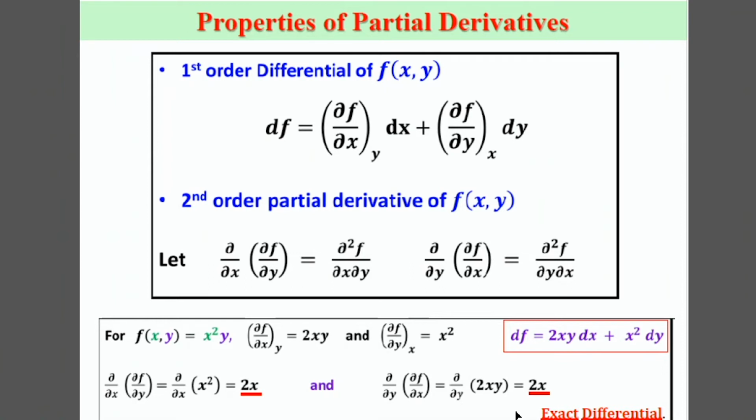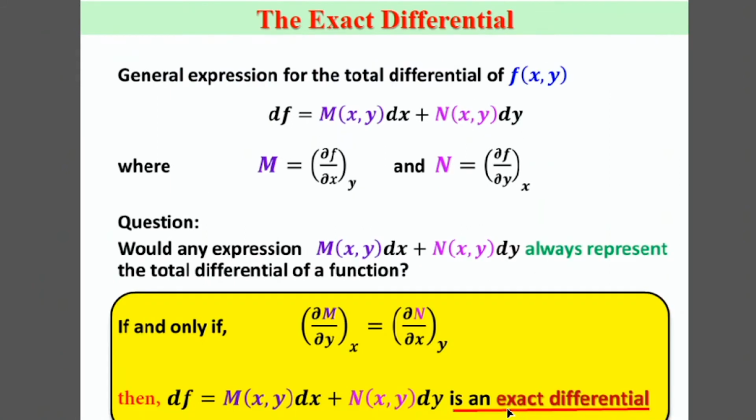Am I clear? So if I have to generally write an expression, if f is a function of x and y, then the total differential will be M, a function of x and y, into dx, plus N, a function of x and y, into dy.